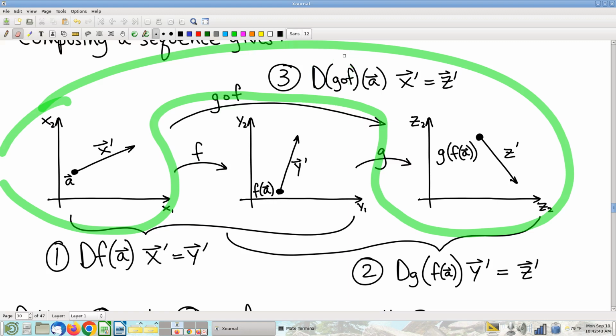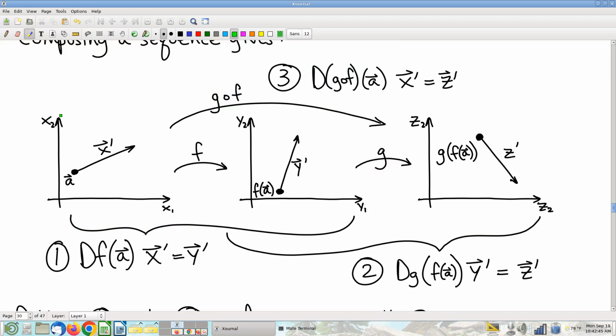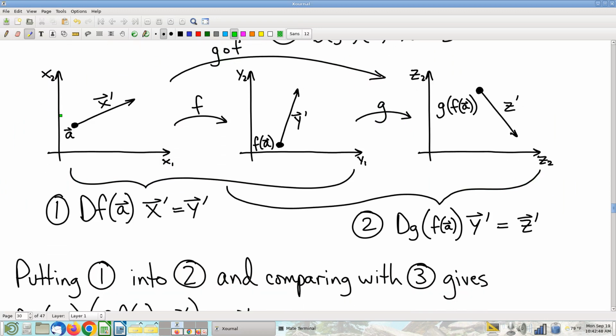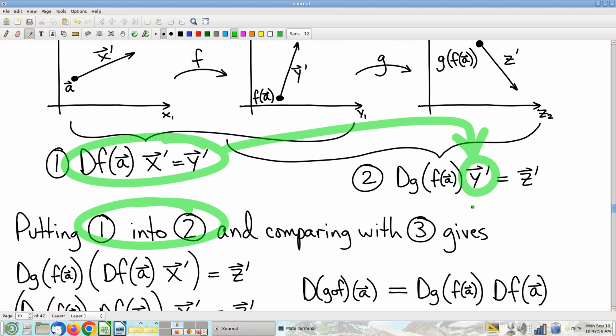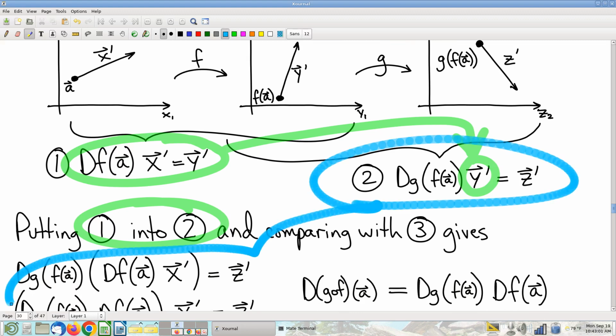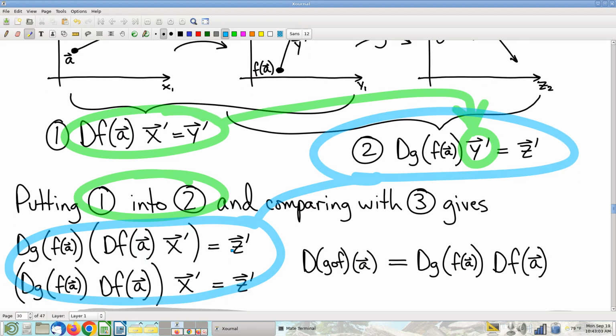Okay. So, again, I'm going to plug 1 into 2. This 1 is a formula for y prime, you might say. I'm going to plug that in there, which gives me this. So, take this formula for y prime, plug it in there, like so, where y prime is that thing right there.